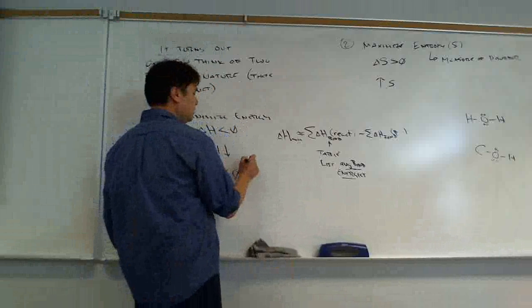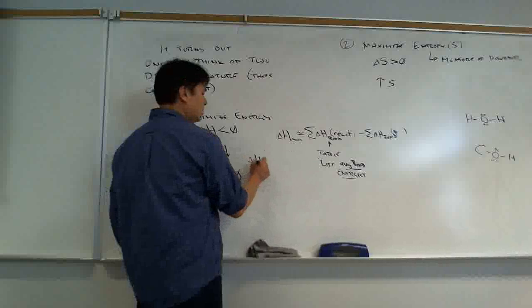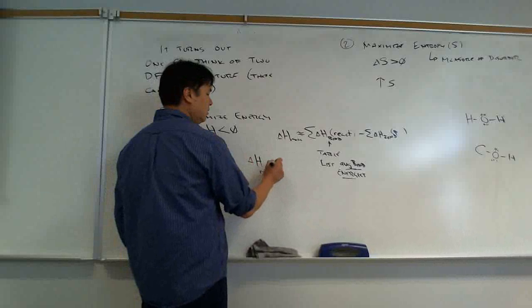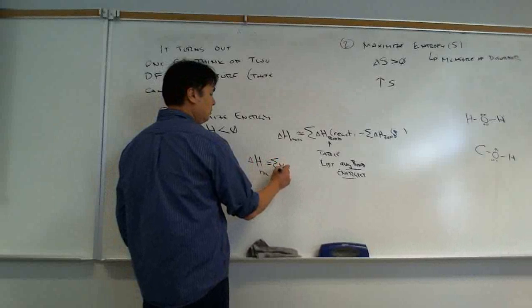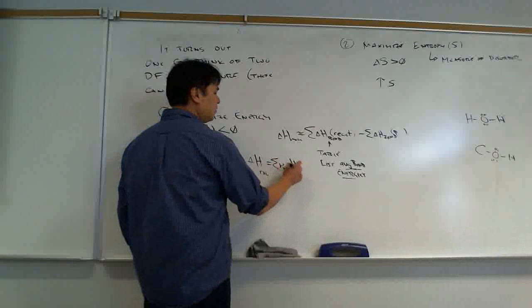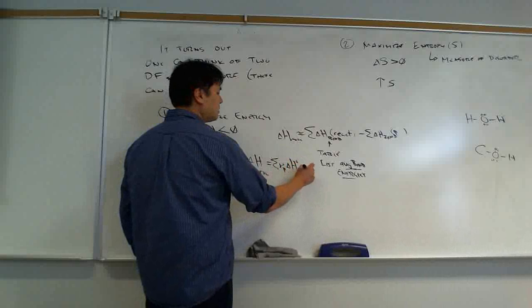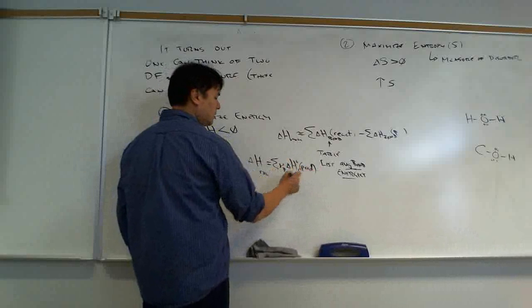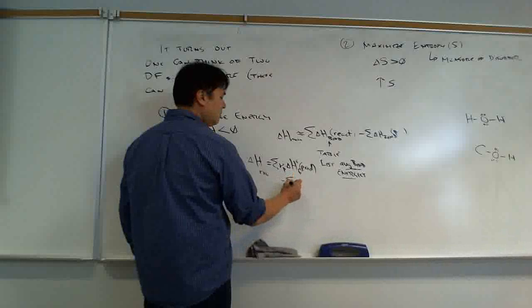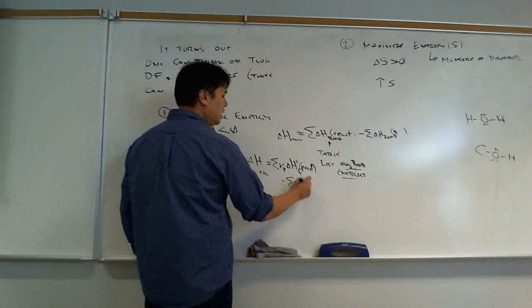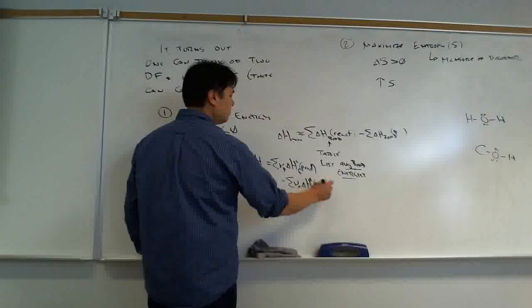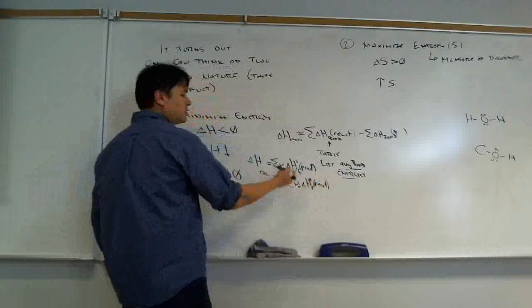So the best way to determine delta H is that delta H of the reaction should equal the sum of nP times the delta H of formation of the products, minus the sum of nR times the delta H of formation of the reactants. So we just have the products minus the reactants.